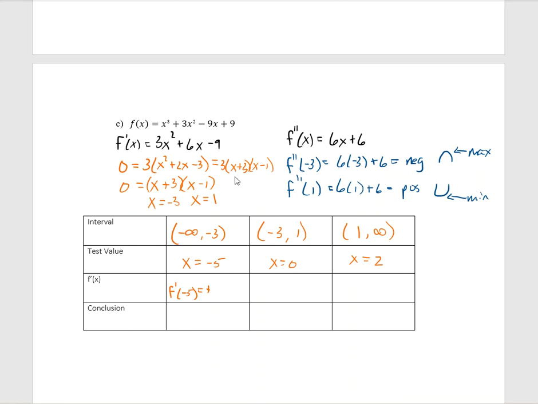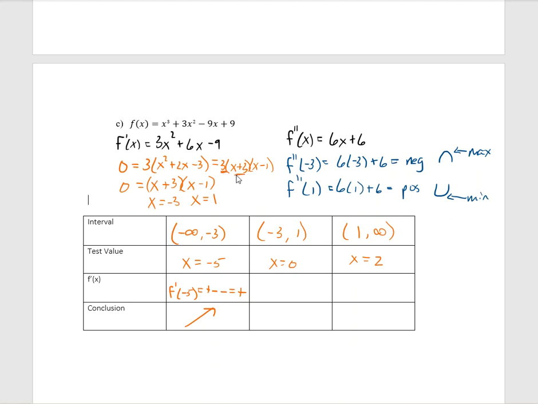When I put -5 in here, -5 plus 3 makes a negative. -5 minus 1 makes a negative. When I multiply positive times negative times negative, that equals a positive, and we are increasing. Remember, it doesn't matter what the number is. All we care about is the sign.